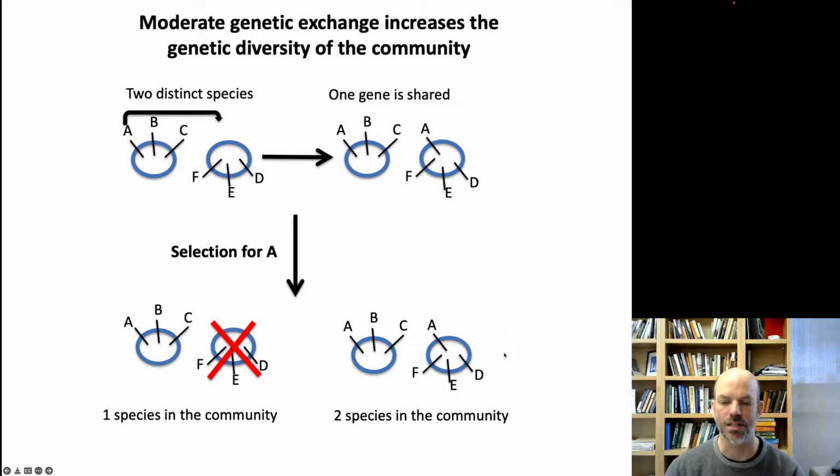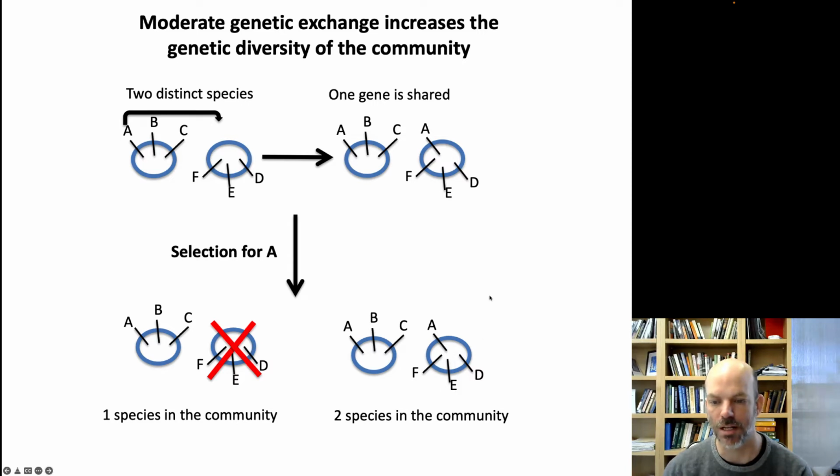So, really simple example, but it shows the principle by which a moderate amount of gene transfer, so one or a few key genes that are necessary for survival or are advantageous in some way, if those are shared among multiple species, and these could be completely unrelated species, right? But perhaps they're unrelated phylogenetically, but they are perhaps related metabolically. So perhaps they are syntrophic partners, which we're going to talk about in a second.